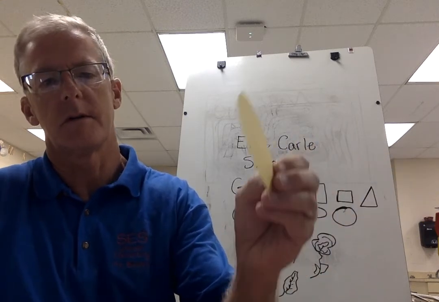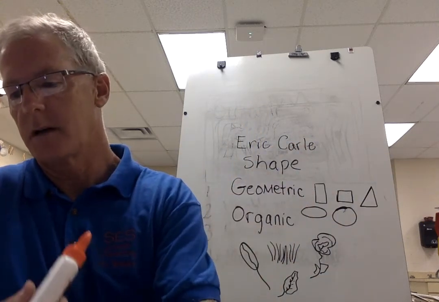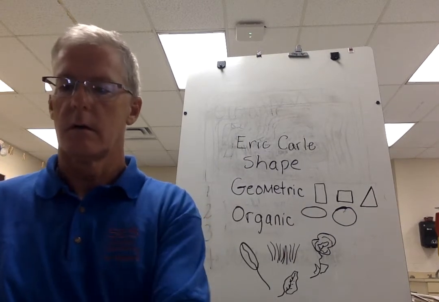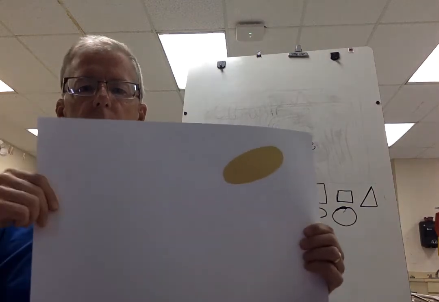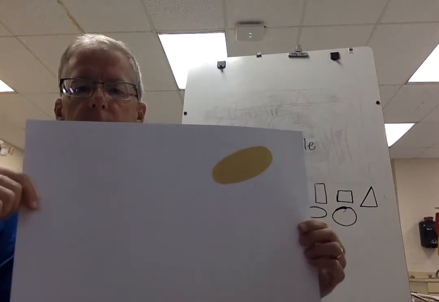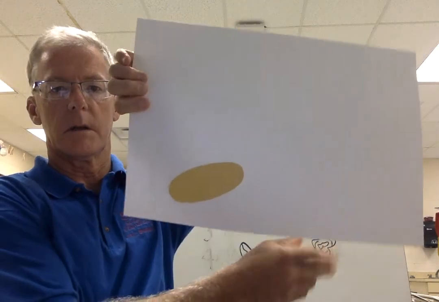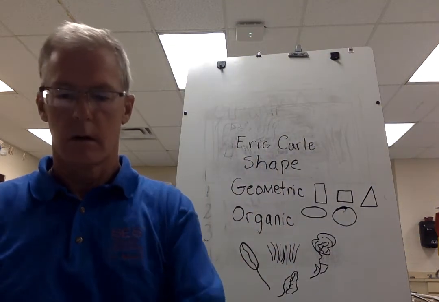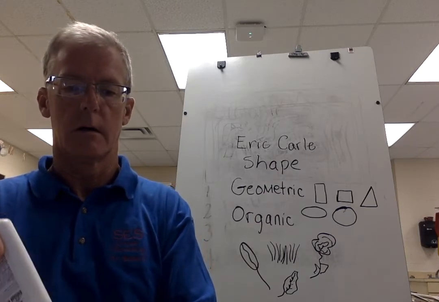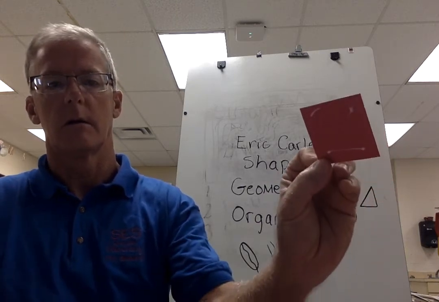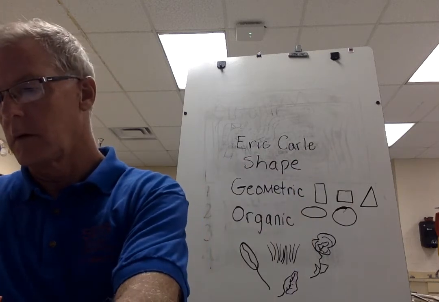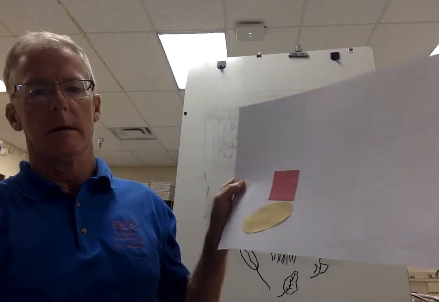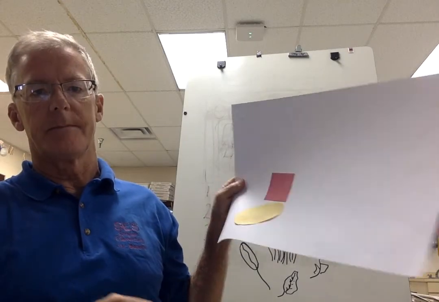Okay, so now I'm going to just take this, paste it on my piece of paper. Might look something like that. Okay. Actually, it's going to be down here. All right. I'm going to take my square. Going to put it on there. Looks something like that.